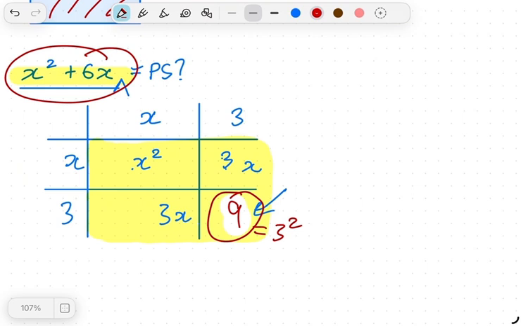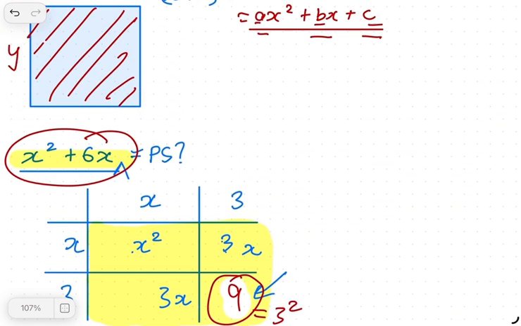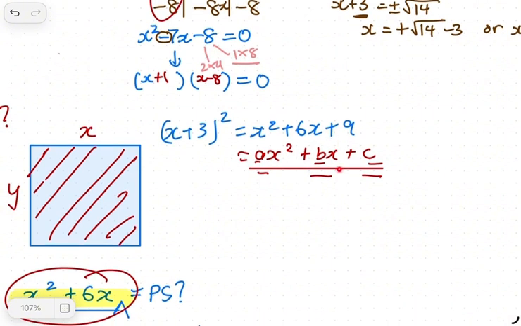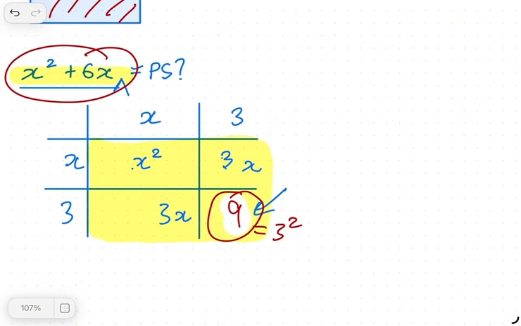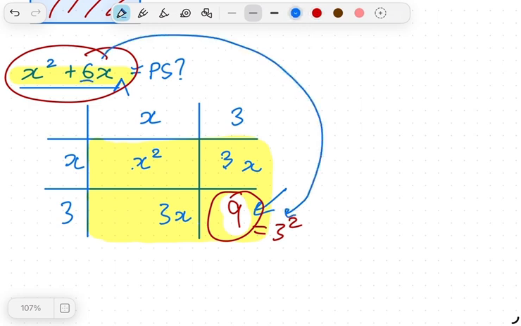And another characteristic of this is that 6x is the second term in the ax squared plus bx equation, right? And 6 divided by 2 would give you 3.